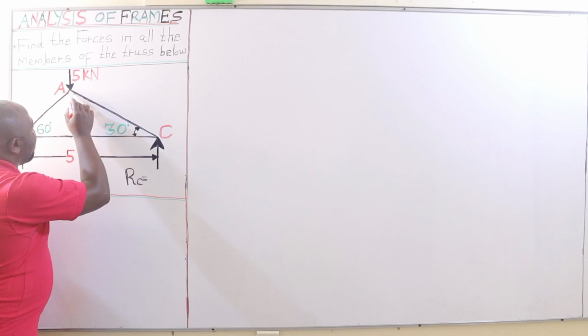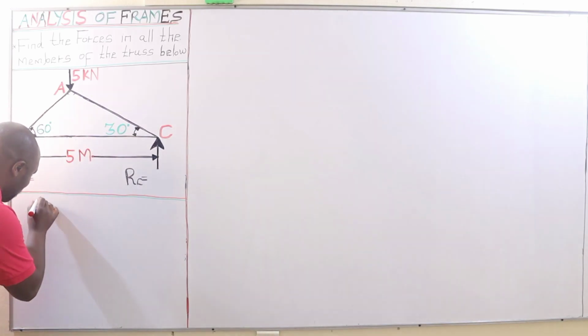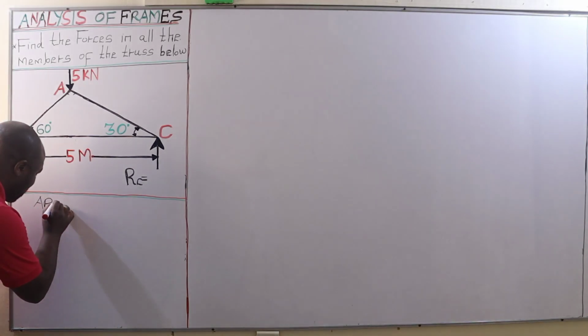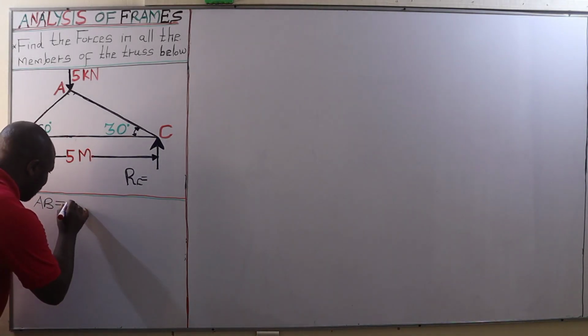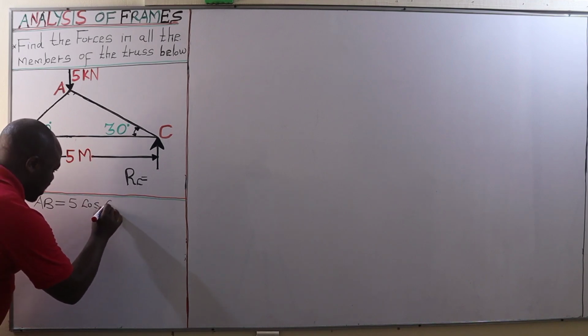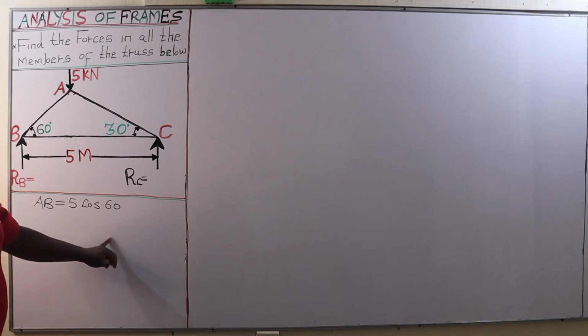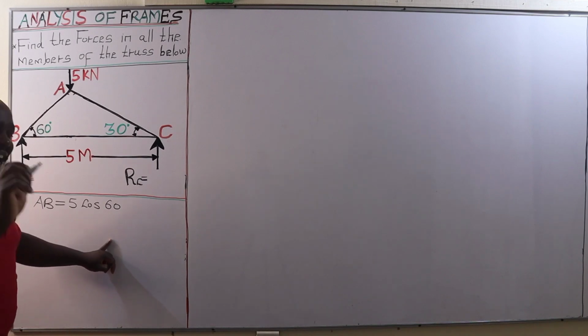Calculating the size of member AB, we are going to have AB equal to 5 cos 60. The reason being, this is a right-angled triangle, and we know that cos theta is usually given by adjacent divided by hypotenuse.